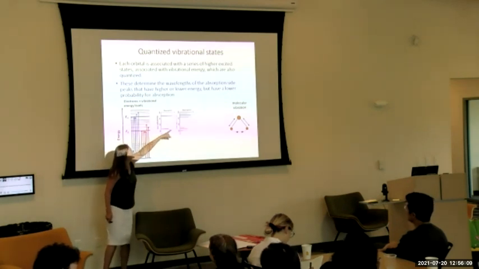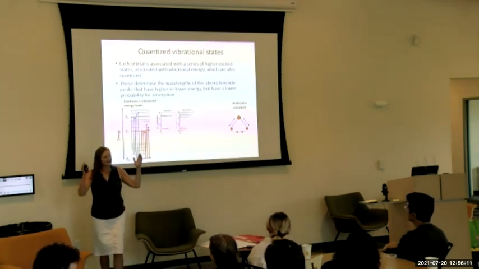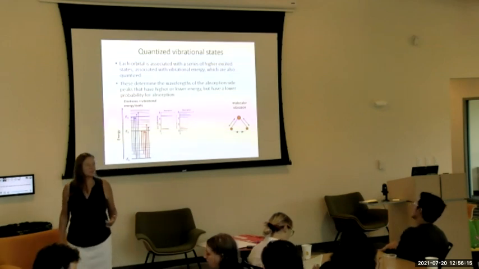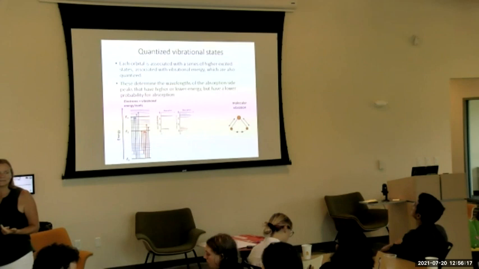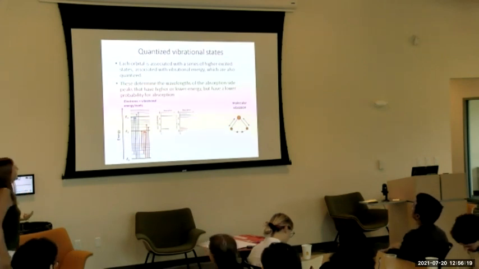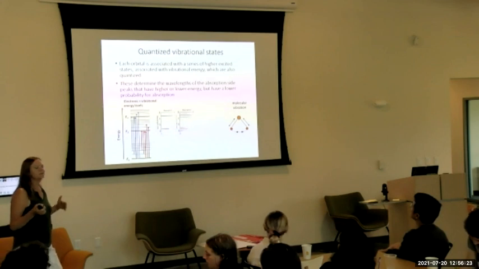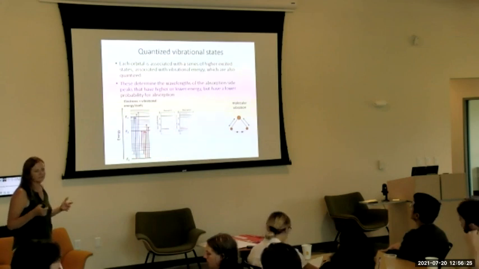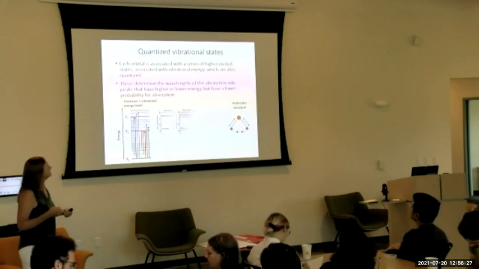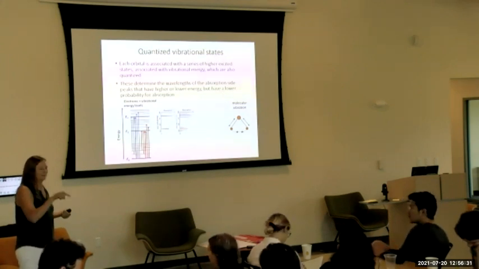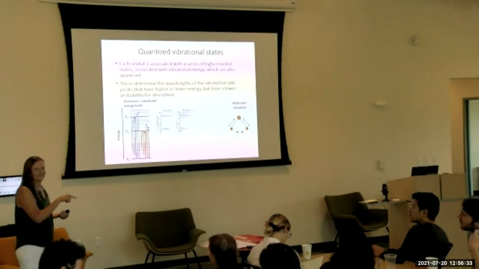You get these side vibrational peaks. Sometimes we call them vibrational harmonics. And so, yes, it broadens, but it broadens in a quantized way. And so if we were to measure the spectrum, we would see peak, peak, peak, right?